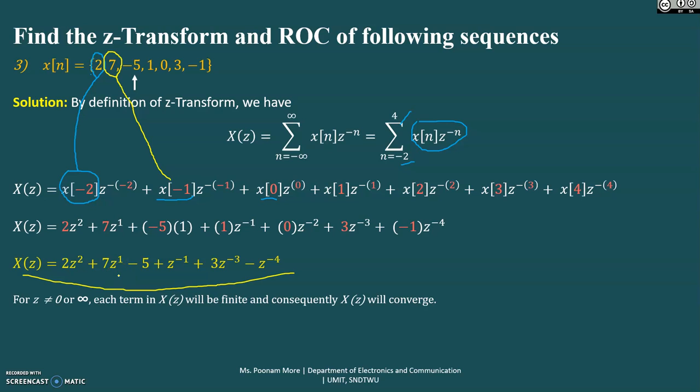So as we know, the ROC is nothing but those values of z for which x of z becomes finite. Therefore, we cannot include 0 and infinity in the region of convergence. So the region of convergence will be simply the values of the magnitude of z which lie between 0 to infinity.